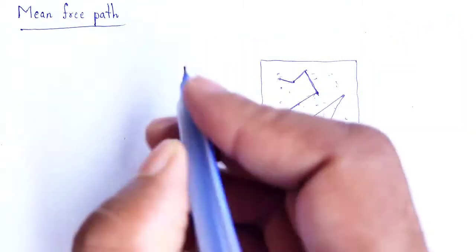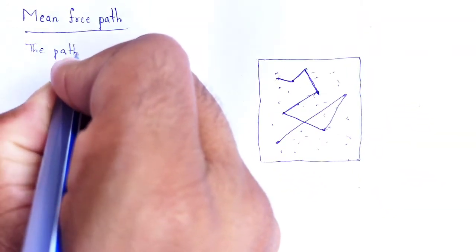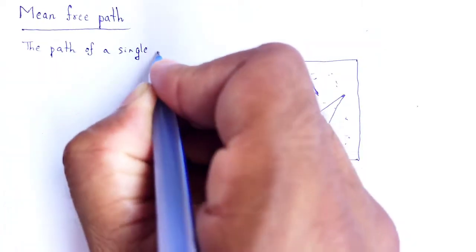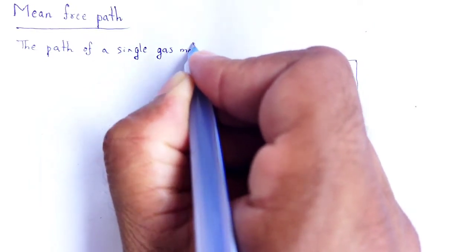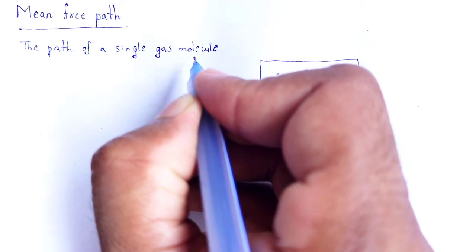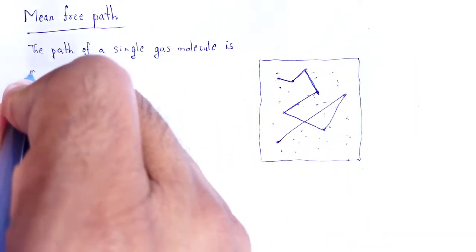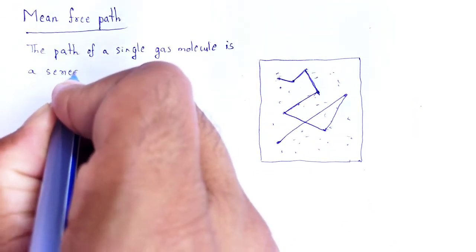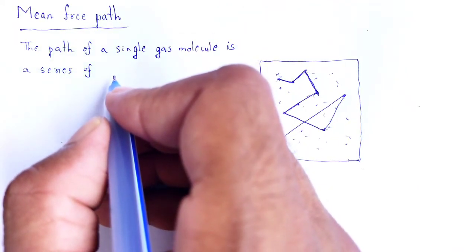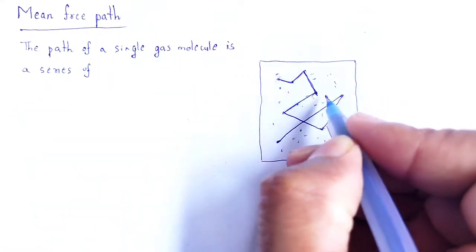So what is a free path? The path of a single gas molecule is a series of short zigzag motions.